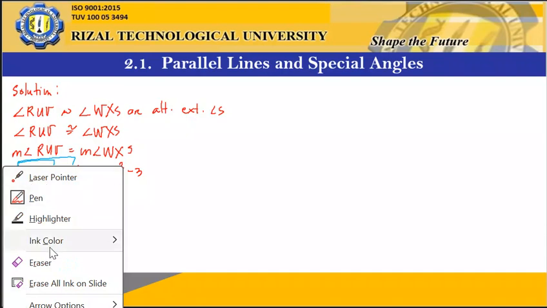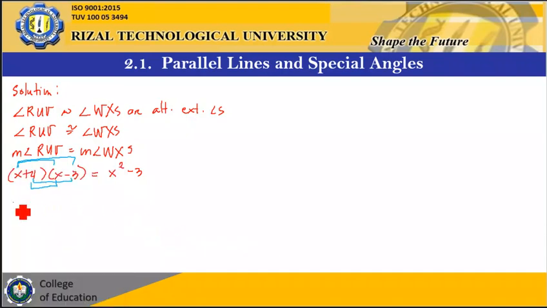So the product would be x times x is x squared, and x times negative 3 is negative 3x, plus 4 times x is 4x, so negative 3x plus 4x is positive x. Then 4 times negative 3 is minus 12. Is equal to x squared minus 3.